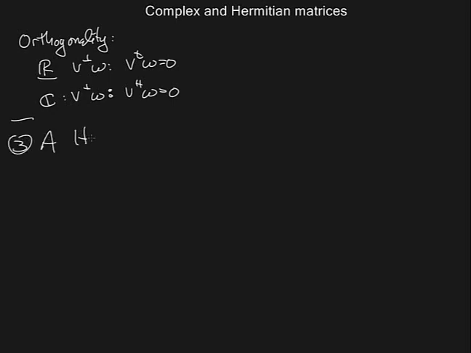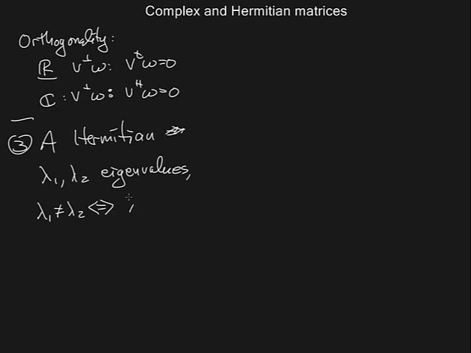And now there's a final very important thing, which is orthogonality of eigenvectors. So remember, in R^n you say two vectors are orthogonal if V transpose W is equal to 0. And in C^n, the corresponding thing is V^H W is equal to 0. And the assertion is that if A is Hermitian and lambda 1 and lambda 2 are distinct eigenvalues, then the lambda 1 eigenspace and the lambda 2 eigenspace are orthogonal.